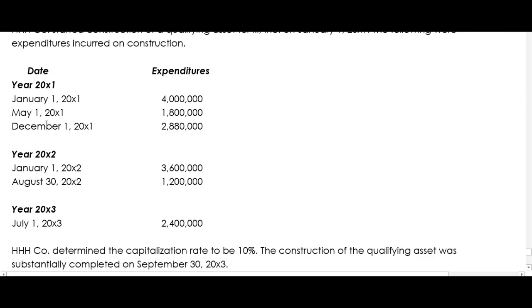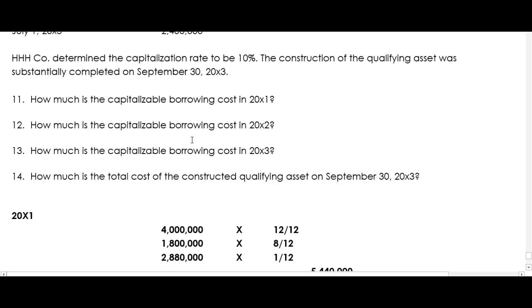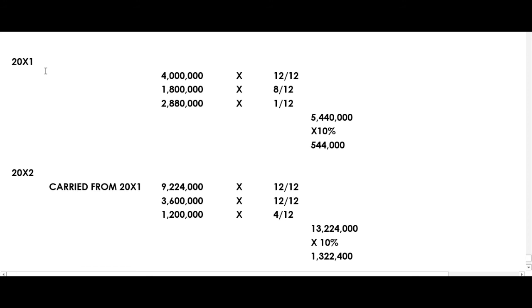20x1. I-take note natin na ito yung mga nagastos natin. Okay. So for 20x1, what you're going to do is to simply get the expenditures and multiply it by their respective weights. Okay? So yung 4 million, 12 over 12, nagastos natin yan nung January.